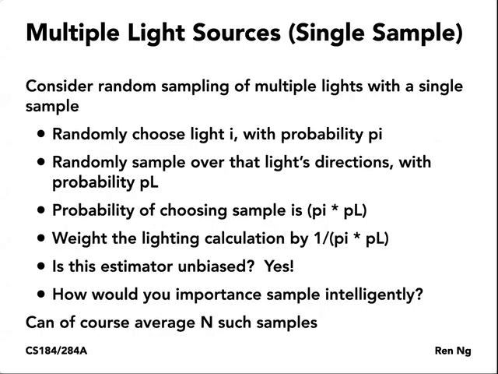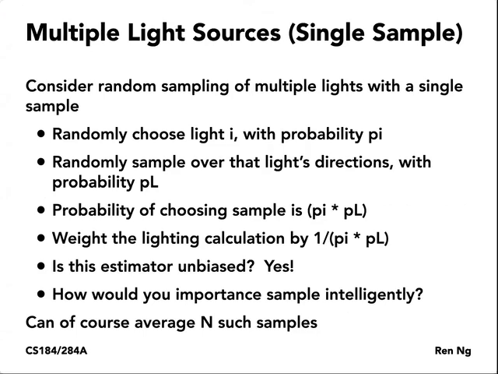As I mentioned in the pseudocode, a different way is to take a single sample. I just said, well, we'll ask the light sources to do that. We'll say, lights, give me one random sample. Let me walk through a bit of detail about how you could imagine doing that. You could consider randomly sampling all of the n light sources with a single sample. The way you could do that is you could randomly choose which light i you're going to sample from with probability p sub i. So you just choose one of them, randomly.